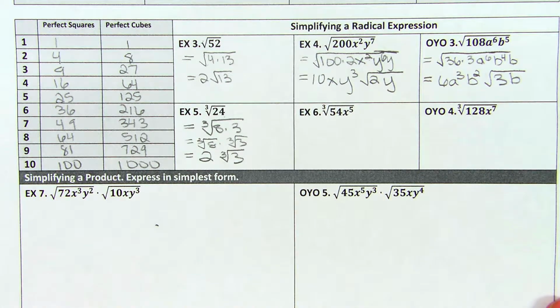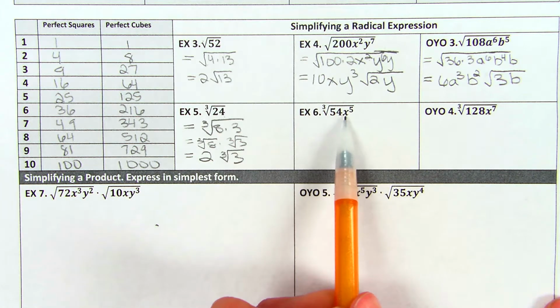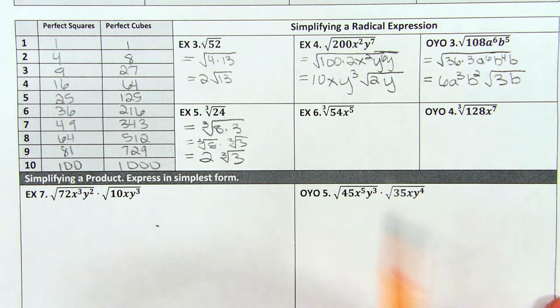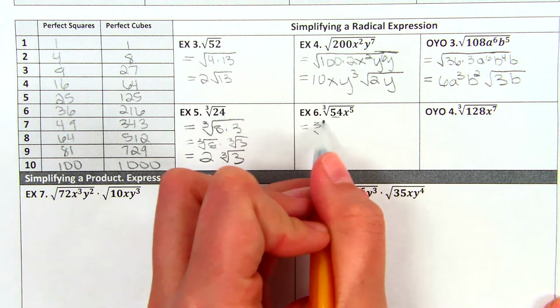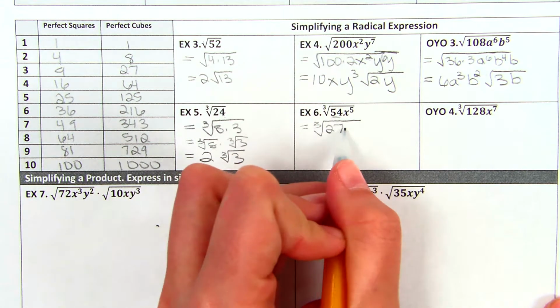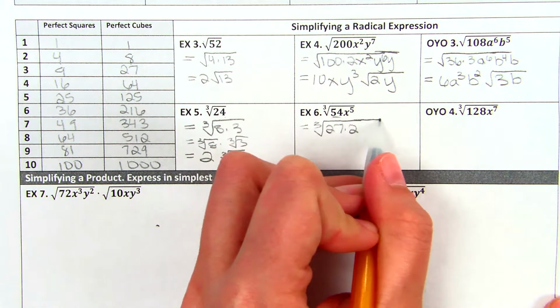So now let's go to example 6. Example 6 has the cube root of 54, x to the 5th. So with 54, I need to think of the largest perfect cube that goes into 54. We should be able to figure out that that largest perfect cube is going to be 27. So that's 27 times 2.